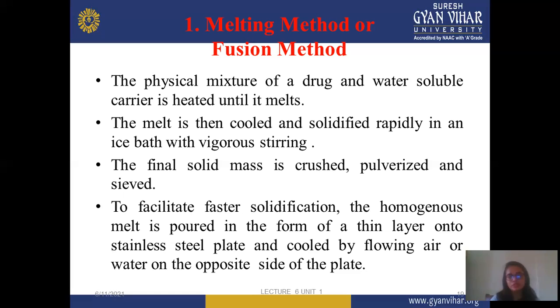After cooling, you pass this final mass through crushing, pulverizing, or sieving. And this method again solidifies by spreading a thin layer onto the stainless steel plate, and this cooling takes place with the help of air or water on the opposite side of the plate, and with the help of this air and water, a thin layer of this solution is formed.